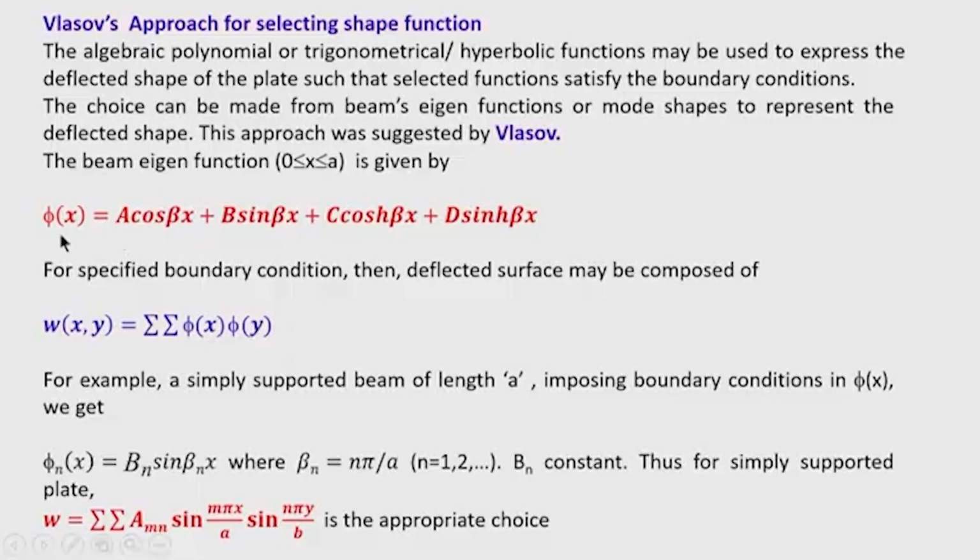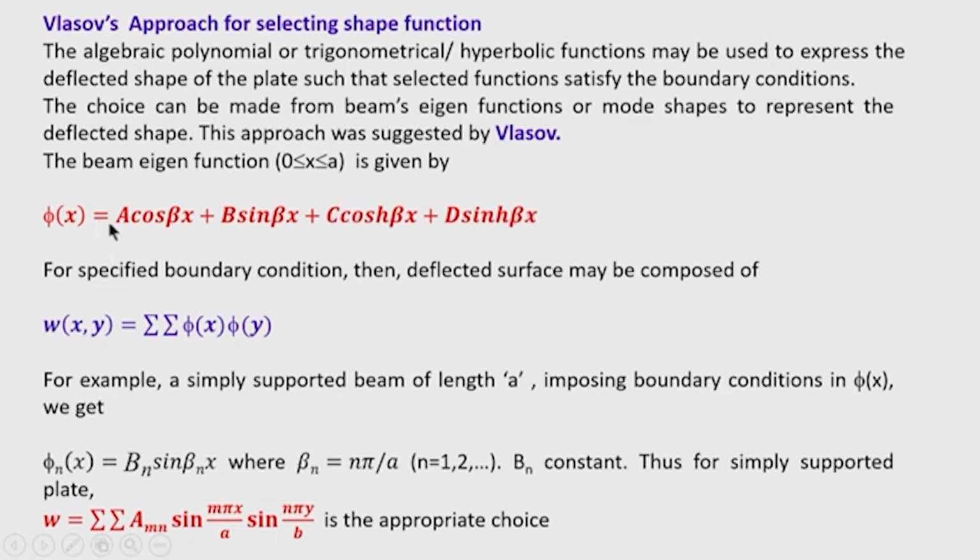In that case the integration becomes difficult. However, this approach can be adopted using the integration of the strain energy expression, so that the accuracy of the results can be increased. Generally the eigenfunction of the beam is expressed as a combination of trigonometrical cos and sine functions as well as cos hyperbolic and sine hyperbolic functions.